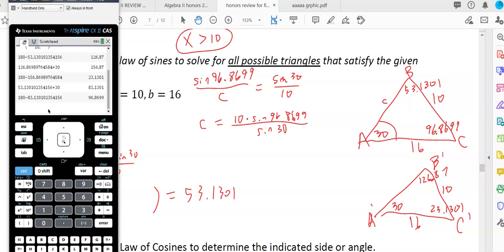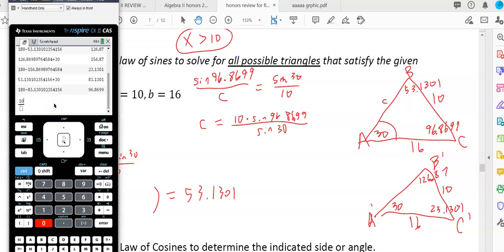So I'm going to type that in my calculator. That seems reasonable, I think. 19.9724 is this one.